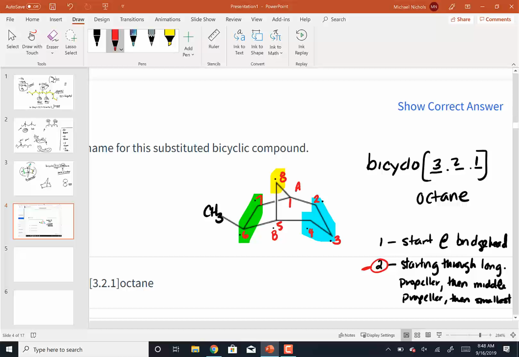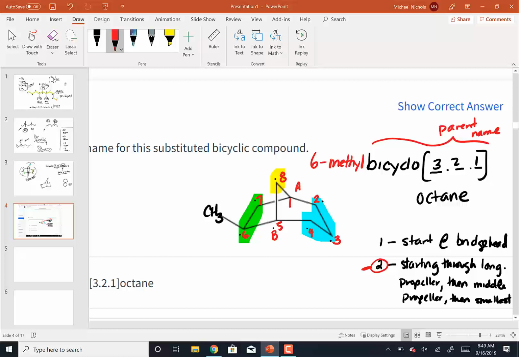Now that we've found which number it's on, where do we put it? The substituent comes before this whole thing right here, which is the parent name. So the bicyclo number ane is the equivalent of pentane or hexane or cyclohexane if we had a cyclic compound.